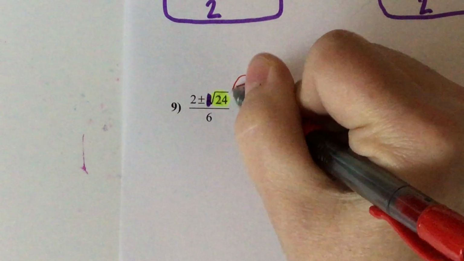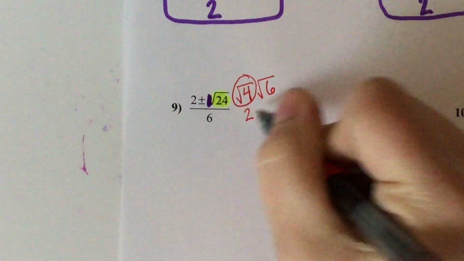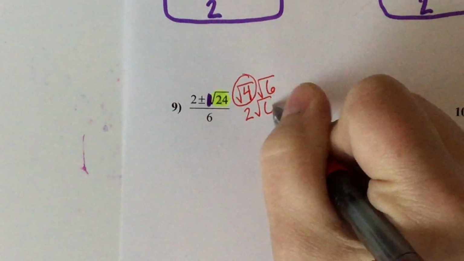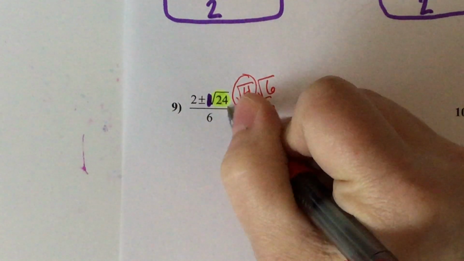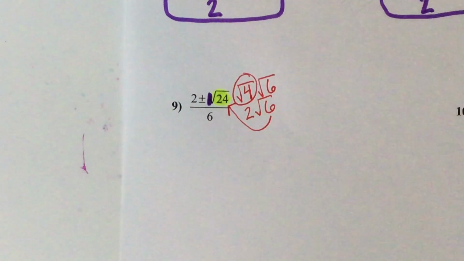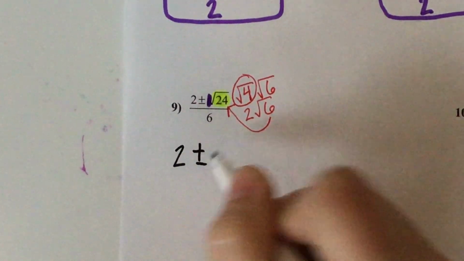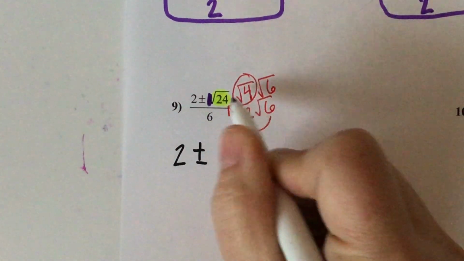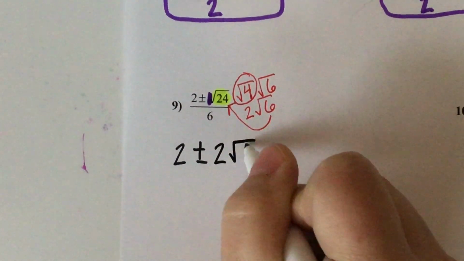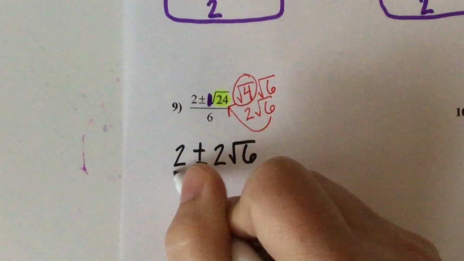And then what's the square root of 4? 2, and then you can't take the square root of 6, so you recopy it. So I'm going to replace square root of 24 with 2 square root of 6. So I've got 2 plus minus. I'm going to recopy or replace this with 2 square root of 6 and recopy all over 6.